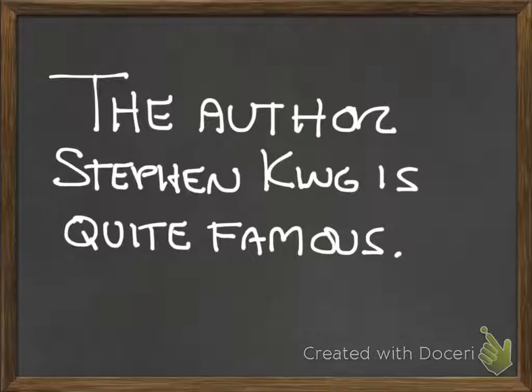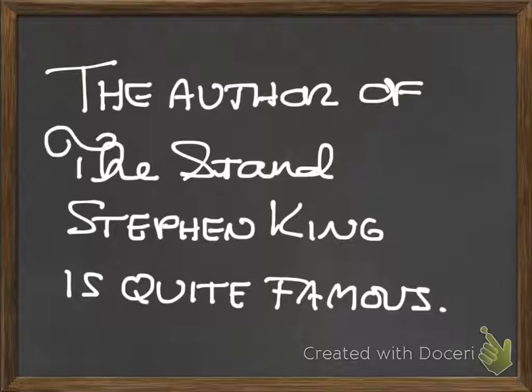Is it essential? In this case, it is an essential appositive. Because if I said to you just the author is quite famous, your natural response would be, which author are you talking about? How do I know the author? So here, Stephen King as an appositive is essential.